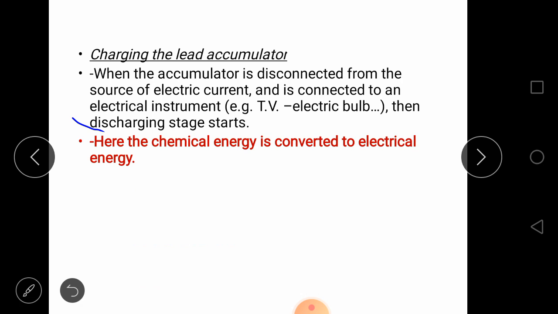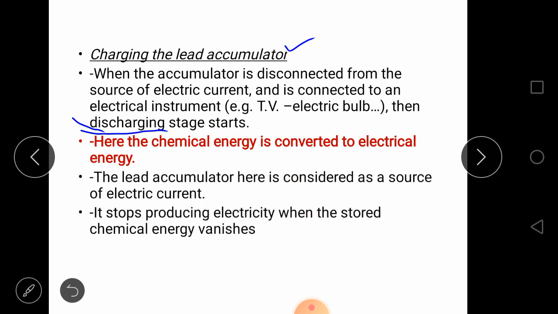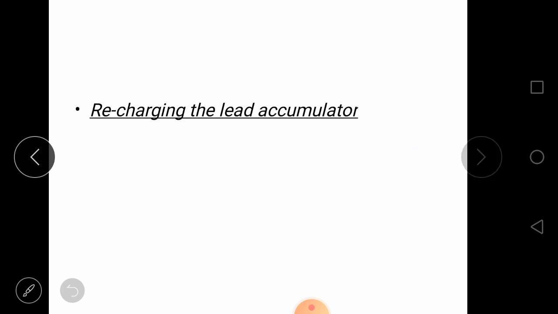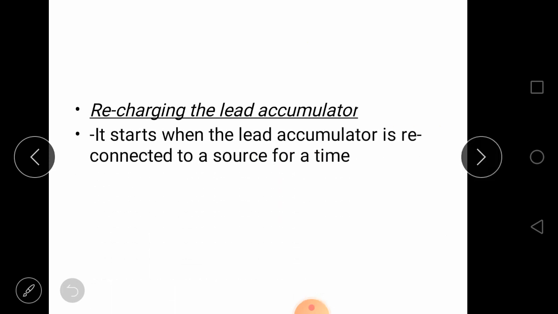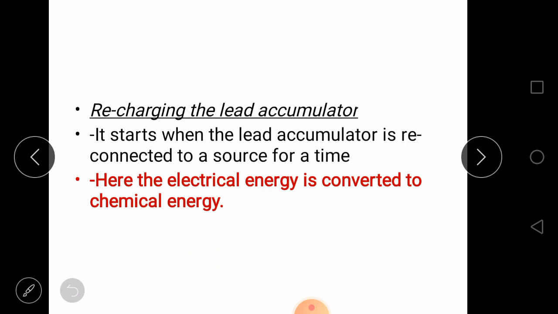This is our main point, discharging. In discharging, the chemical energy is converted into electrical energy. And when we recharge the lead accumulator, the electrical energy is again converted into chemical energy.